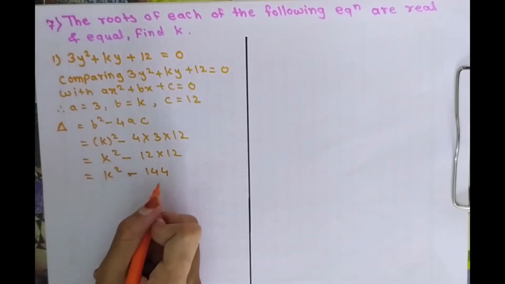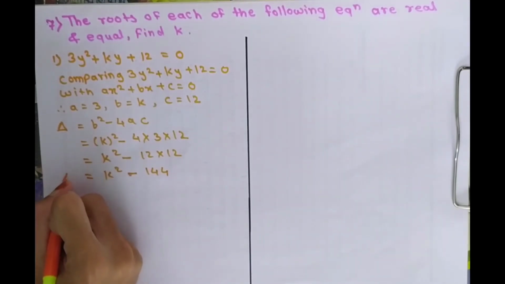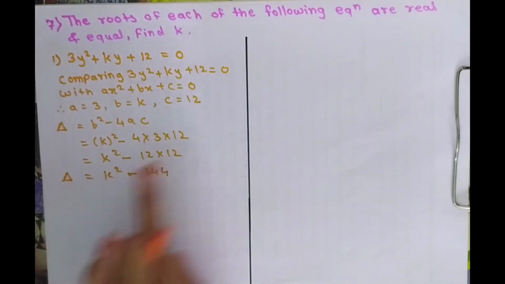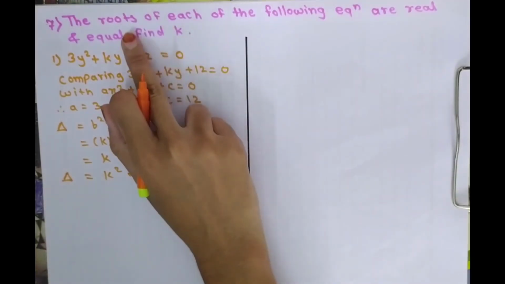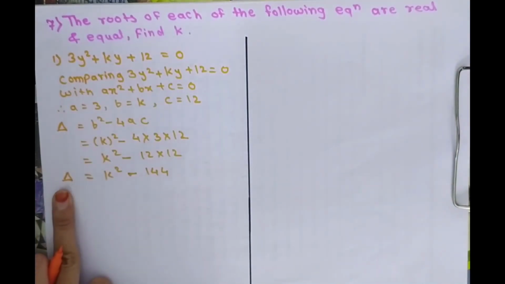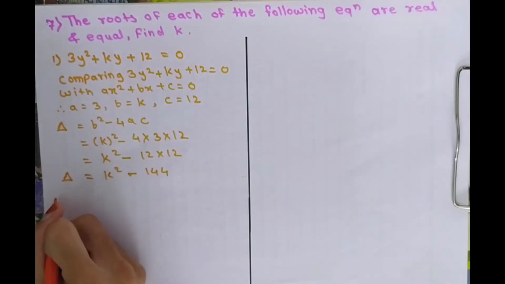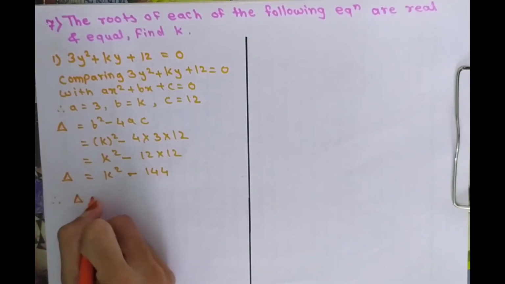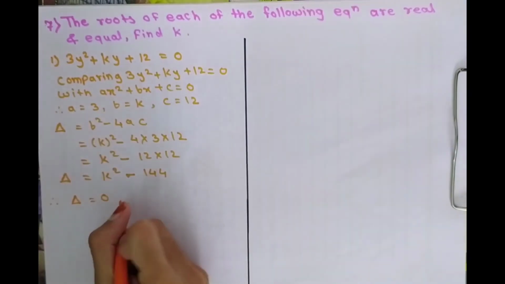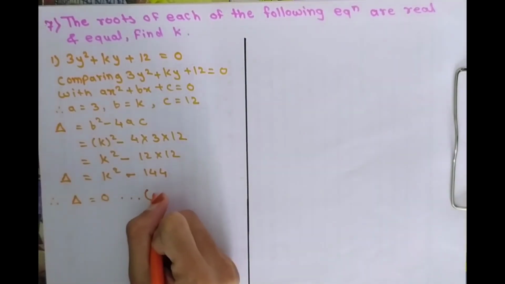So delta is equal to k square minus 144. Now, given that the roots of the equation are real and equal, it means the value of delta is 0. Therefore, delta is equal to 0.